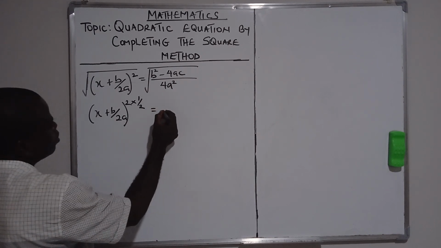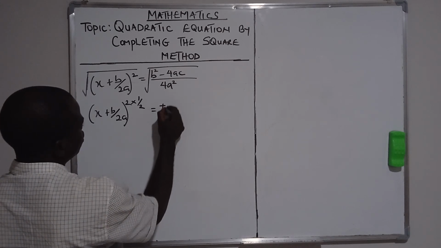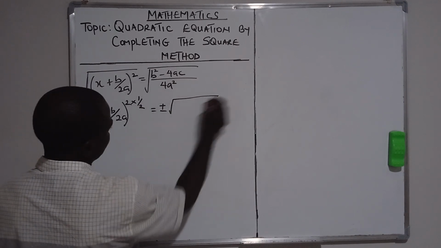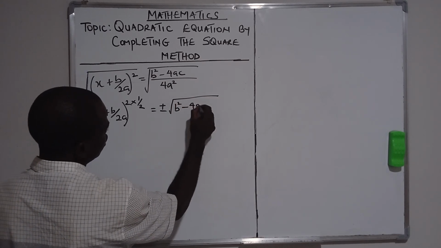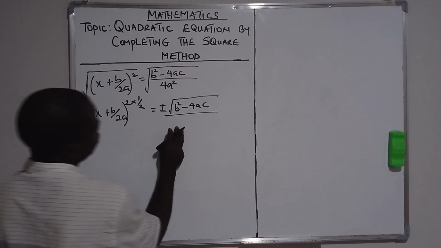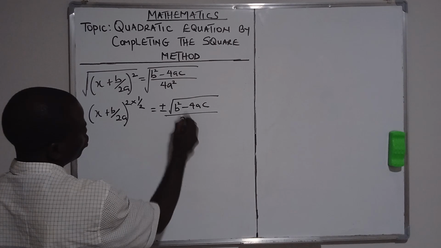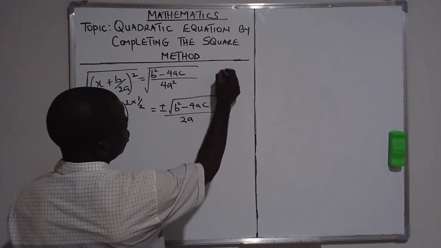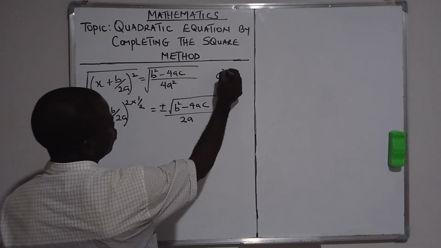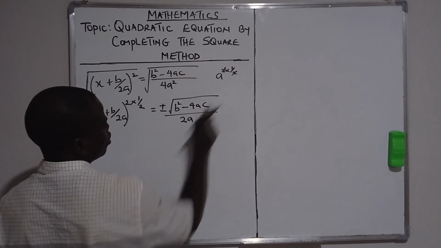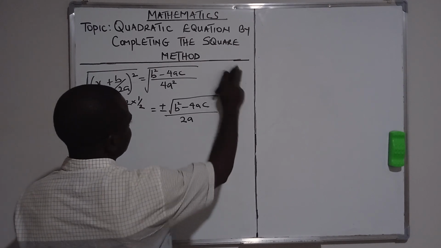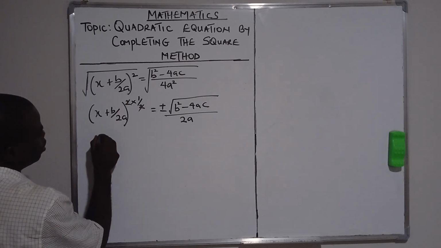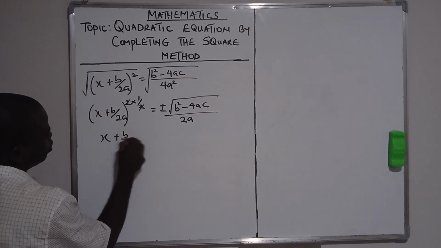Equals plus or minus the square root of b squared minus 4ac over the square root of 4, which is 2, times the square root of a squared, which is a. Then the 2 cancels the 2, and you are left with x plus b over 2a.